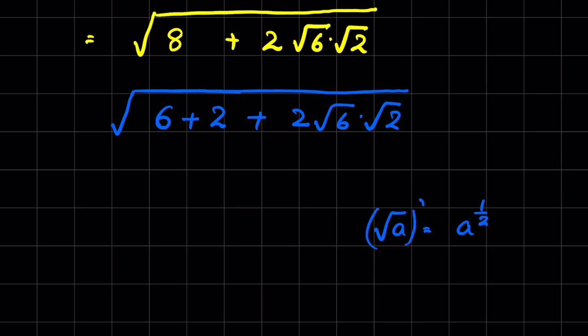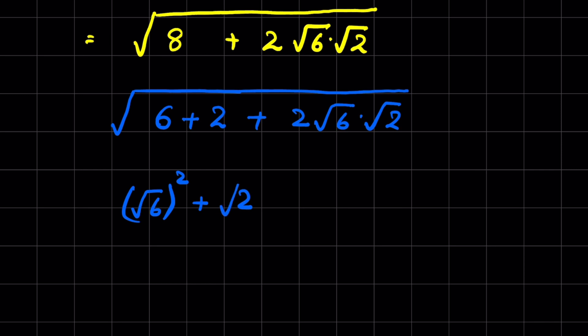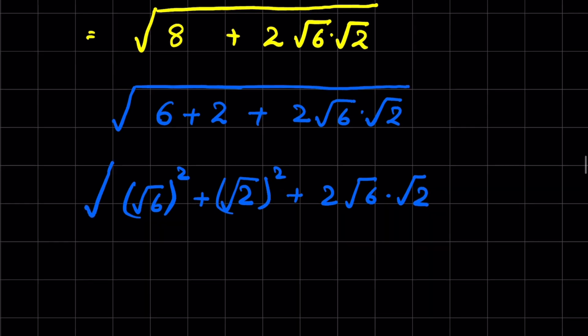So when a square root is squared, a raised to the power of 1 upon 2 is squared, and this means a raised to the power of 1 upon 2 times 2. This 2 and this 2 get cancelled. That means a is equal to square root of a square. So here 6 we can write as square root of 6 square, and the same 2 we can write as square root of 2 square, plus 2 times square root of 6 times square root of 2, under square root.